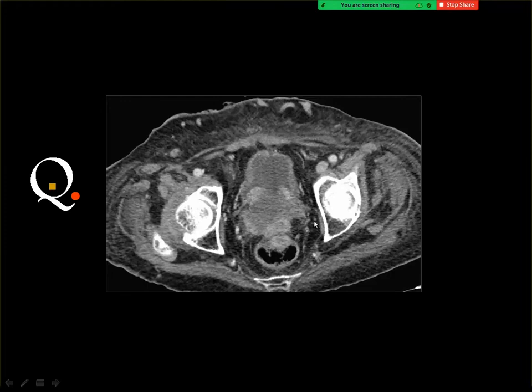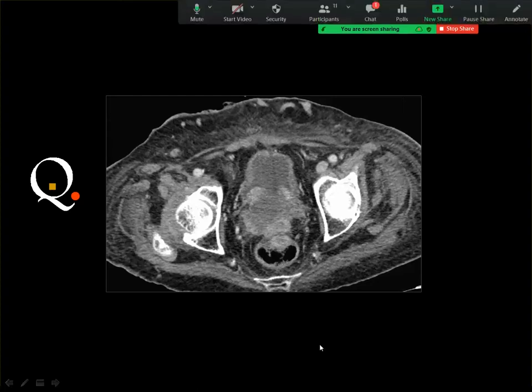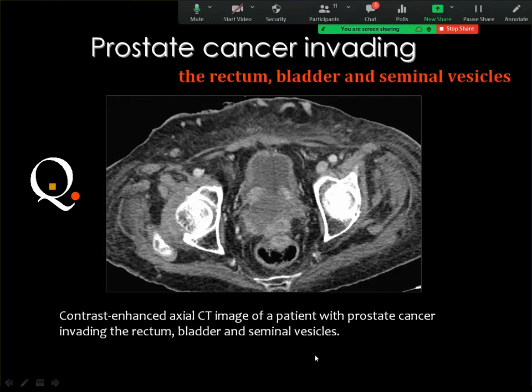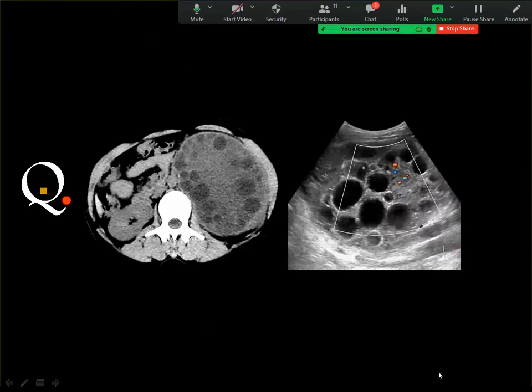This is prostatic cancer, and in such conditions, you should look for invasion of the urinary bladder and invasion of the rectum. Both are invaded by the tumor. The rectum, the bladder, and of course, the seminal vesicles are also invaded by this prostatic cancer.